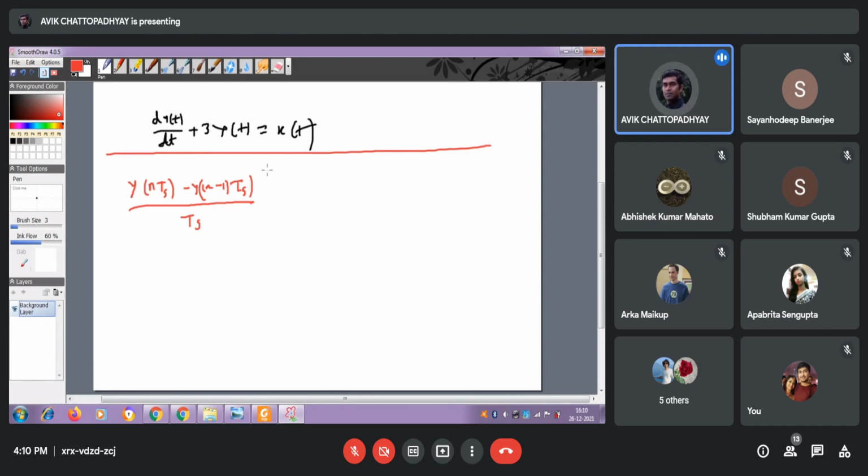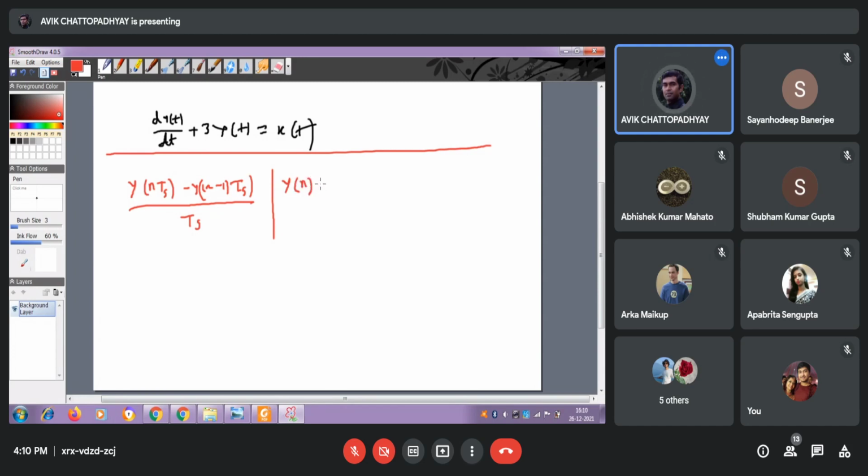Okay. So similarly, suppose for example, how to write y(t)? Sorry, not y(t). I'm sorry, because I'm converting to the discrete time. So let's write it like y[n].